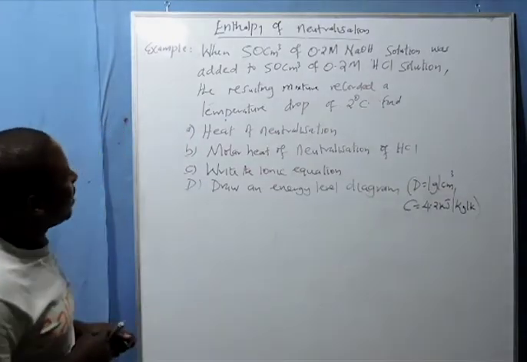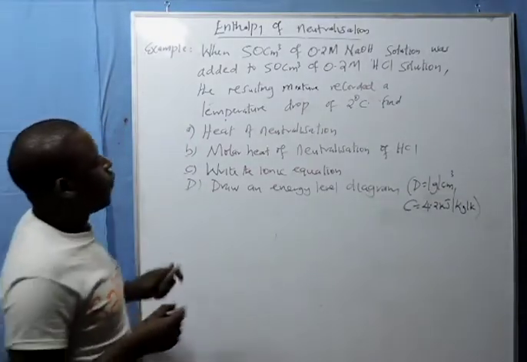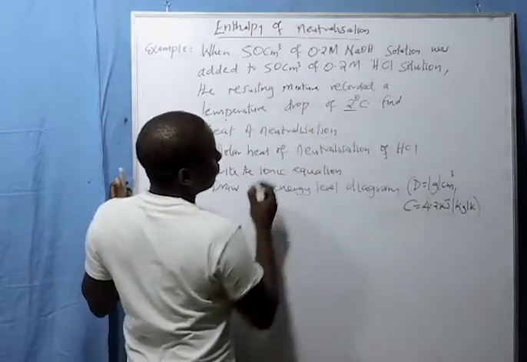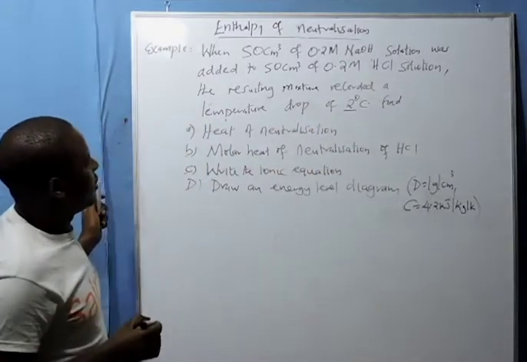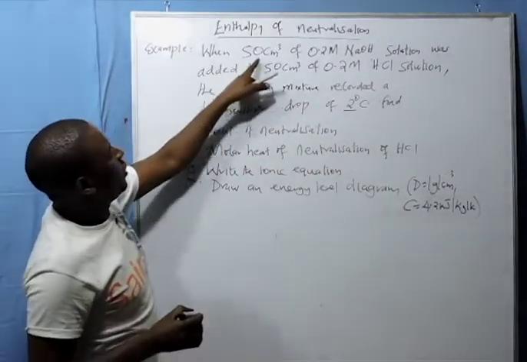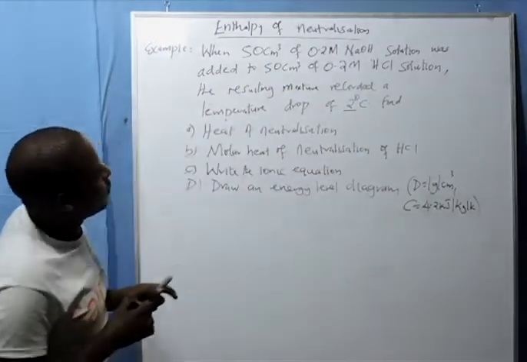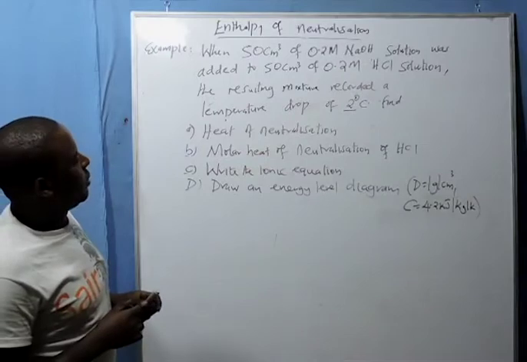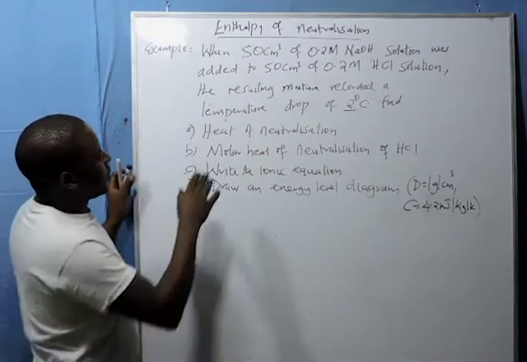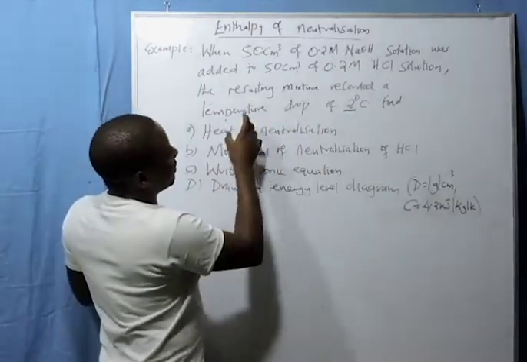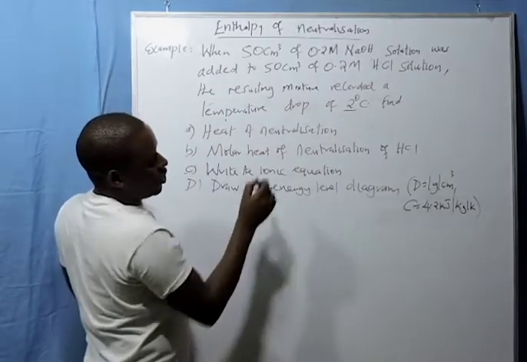recorded a temperature drop of 2 degrees Celsius. I repeat, when 50 of 0.2 molar sodium hydroxide was reacted with 50 of 0.2 molar HCl solution, the resulting mixture recorded a temperature drop of 2 degrees Celsius.